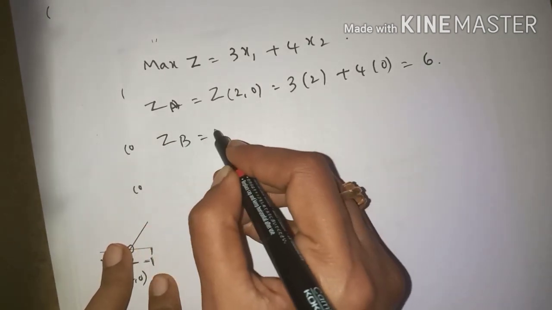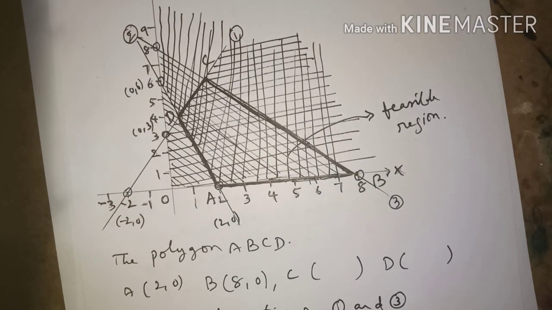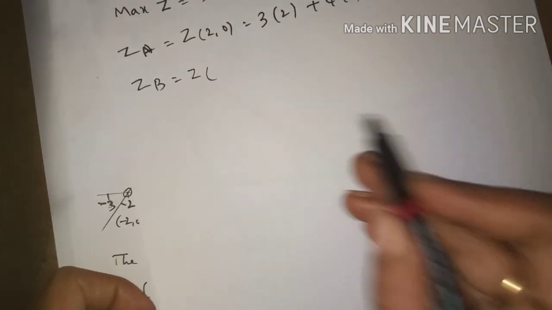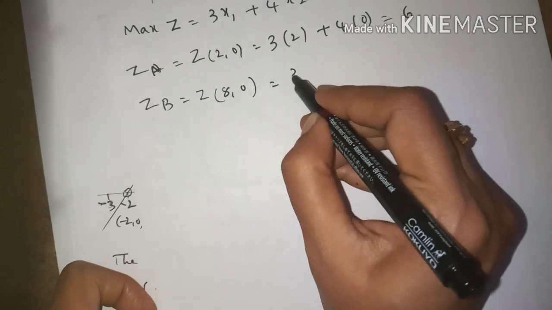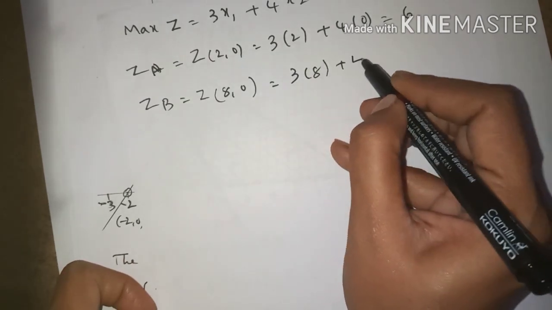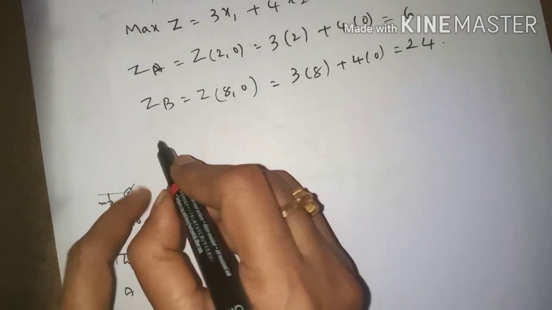ZB, Z at B point (8, 0), 3 into 8 plus 4 into 0, that is equal to 24.